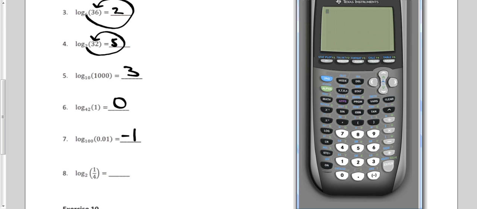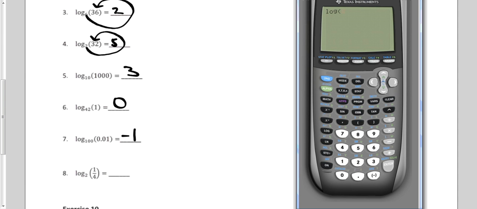Let's turn on our calculator. Can everybody see my calculator up here? All right, so I hit log, and then it puts up log with a parenthesis.